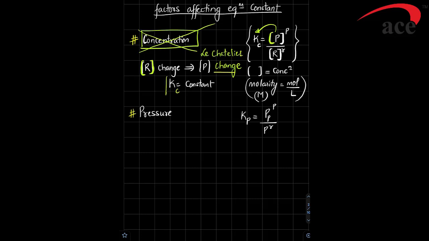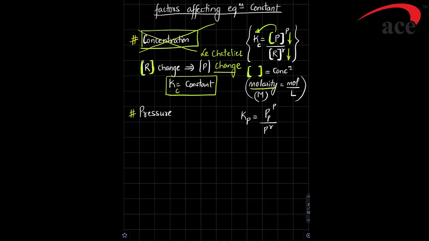Kc value remains constant. Similarly, if product concentration decreases, the reactant concentration also will decrease to keep the value of Kc constant. That means concentration, or molarity, will not decide Kc.